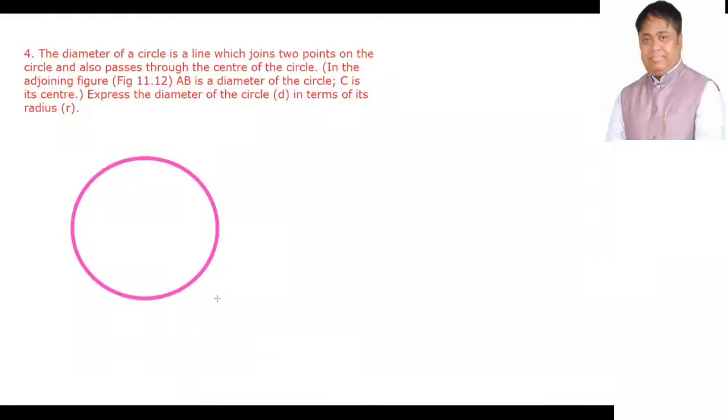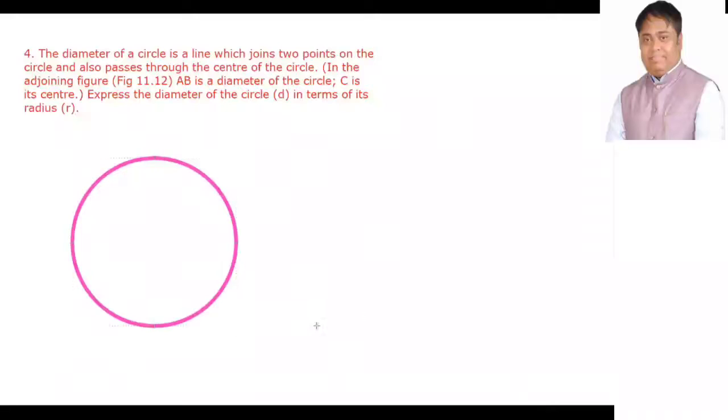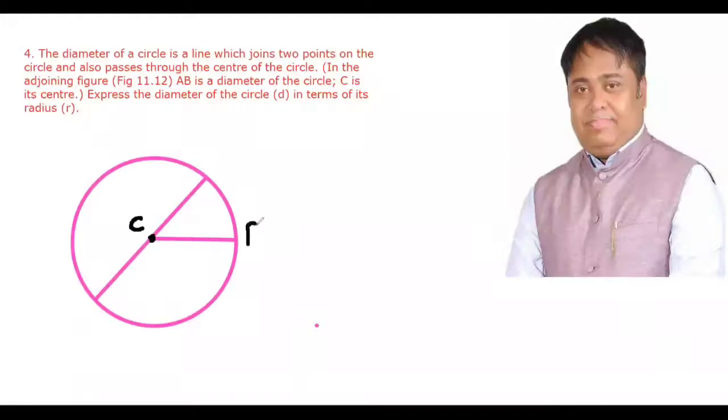The circle, and this is the diameter, and this is the radius. And this is diameter AB.